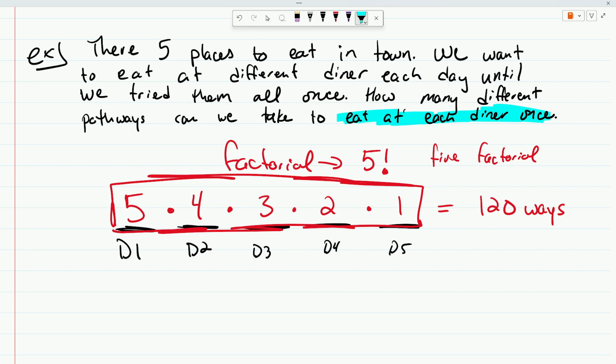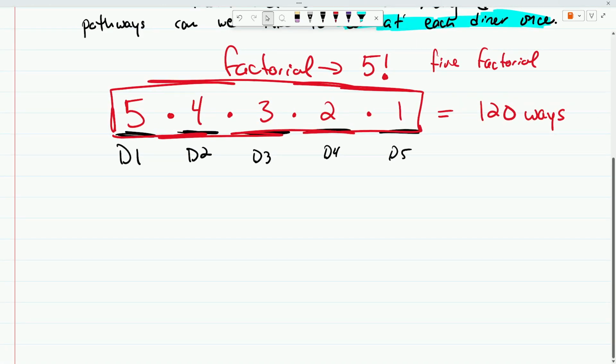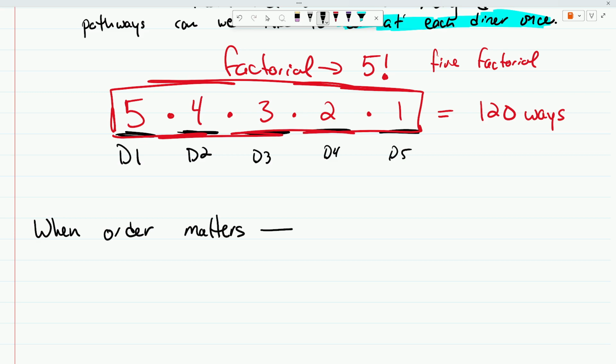All right? So if I go to Wendy's on the first night, I cannot go to Wendy's again. Or if we go to Chick-fil-A on night number 2, you cannot go there again. It's over. You got to go to a different restaurant now. All right? So anytime order matters, we call that a permutation. So when order matters, that is called a permutation.